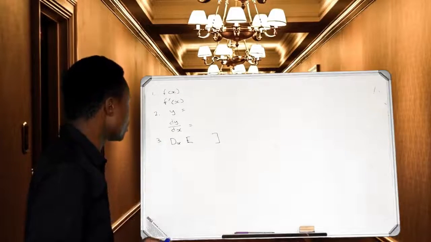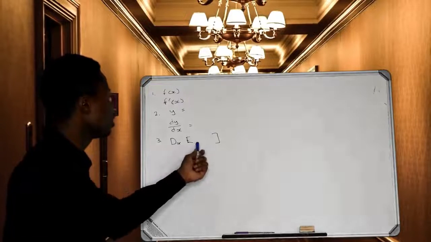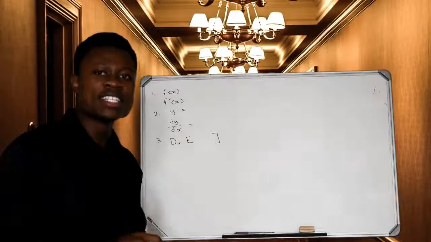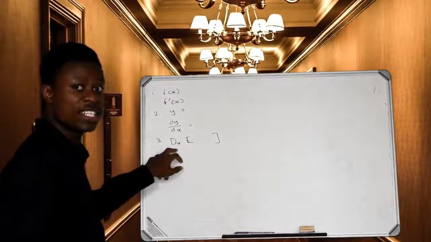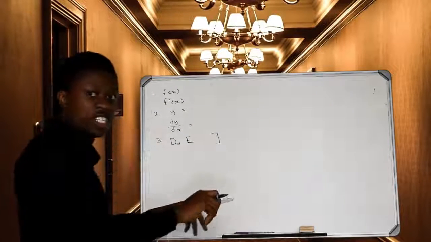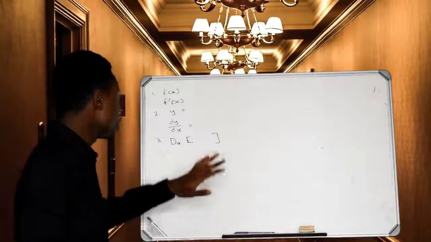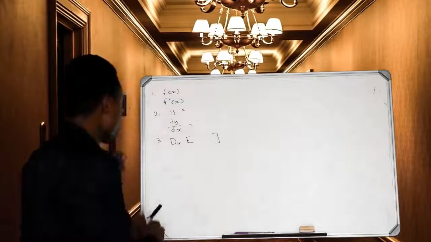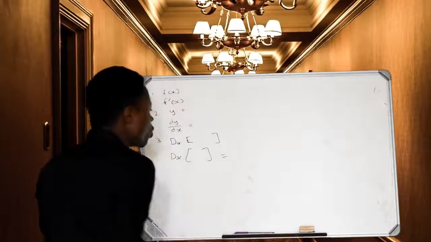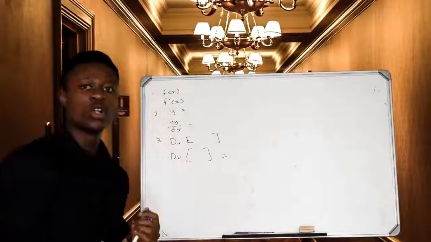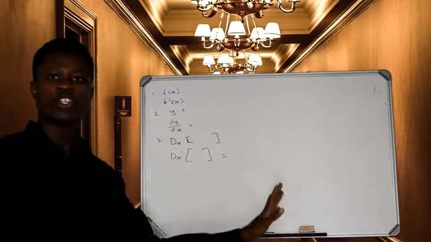So you continuously modify until the function is differentiable, while continuing to write D of x with the function inside. Then when you actually differentiate, you leave the D of x alone, and it will be D of x of whatever the function is equal to, and then you write your differentiation.